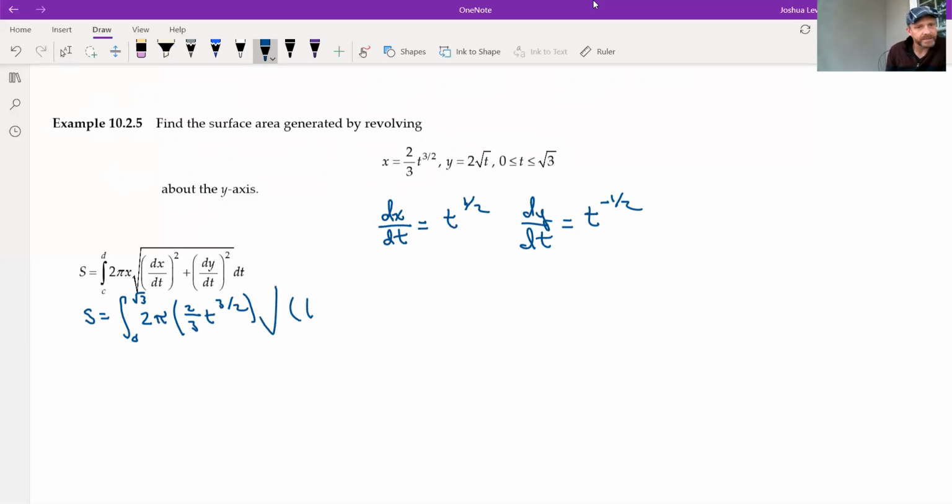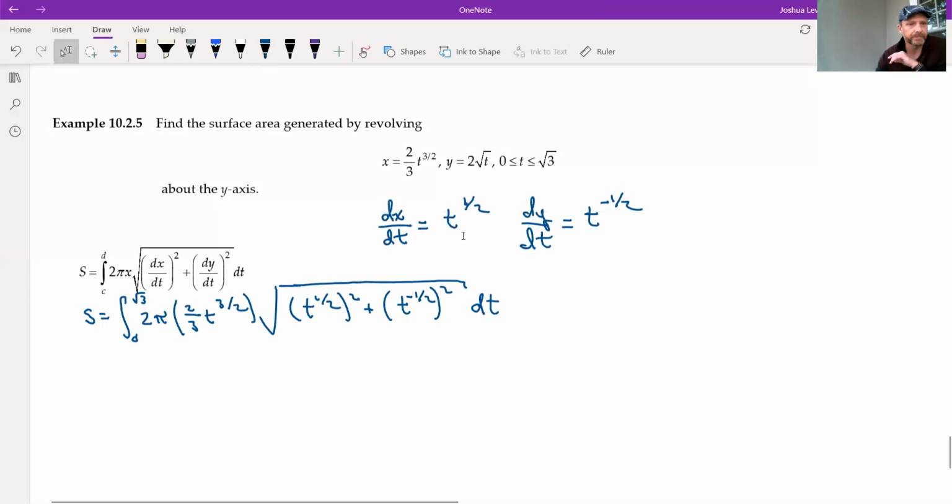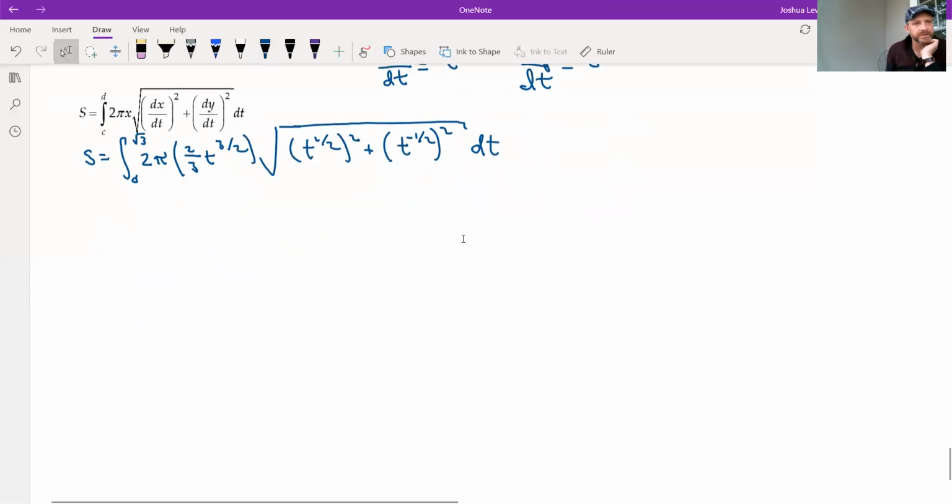And then we're going to square these guys, right? T to the 1/2 squared plus t to the negative 1/2 squared. dt.